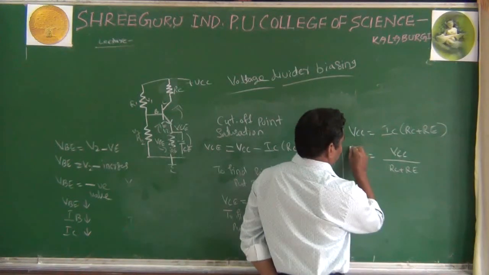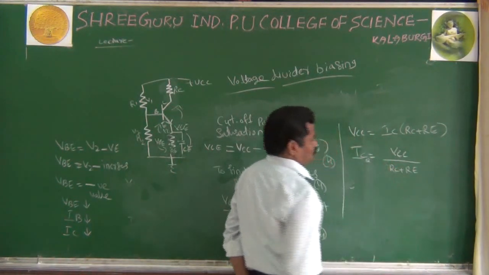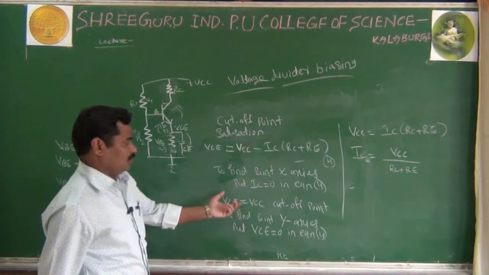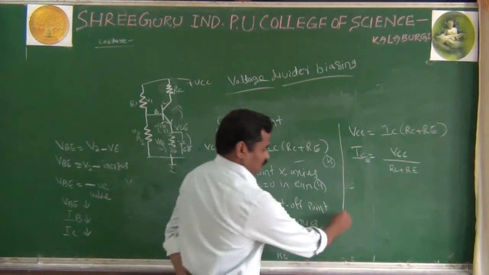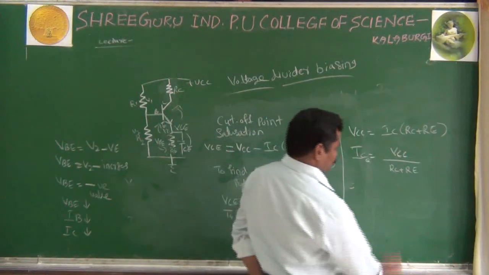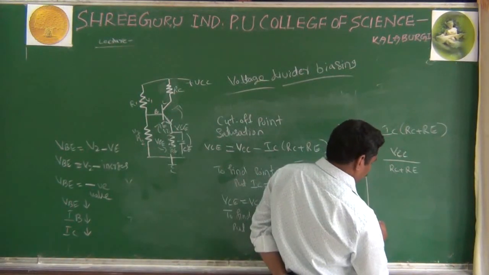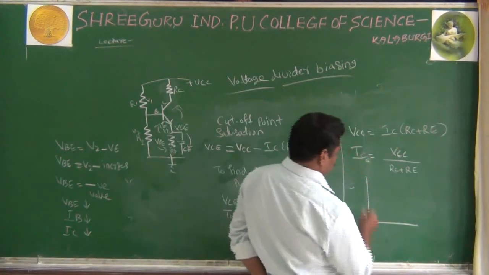It means we know the saturation point and we know the cutoff point. You can easily draw the DC load line in your voltage divider biasing.